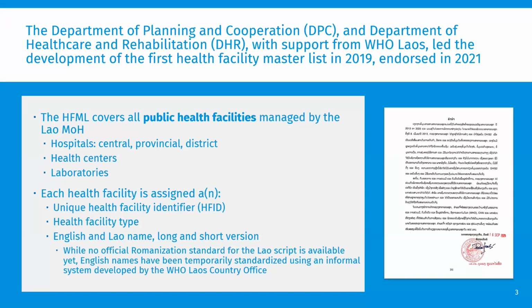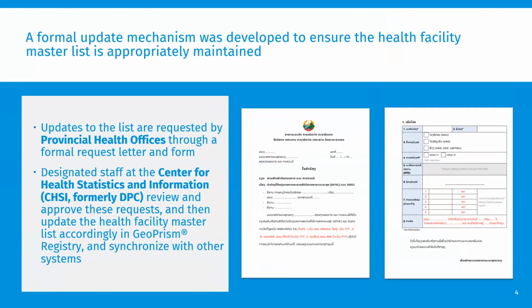The English names have been temporarily standardized and used in the information system developed by the Lao Country Office for this system. For more updates, a mechanism was developed to ensure the health facility master list is appropriately maintained.